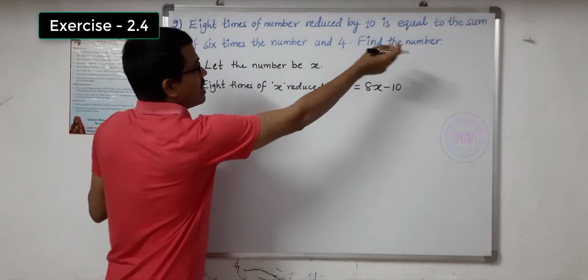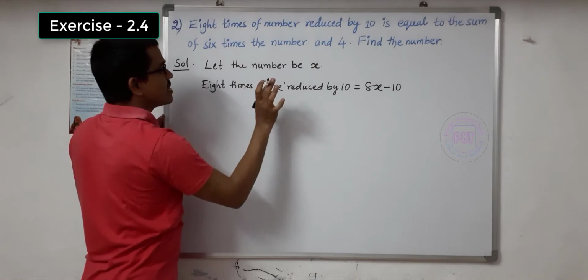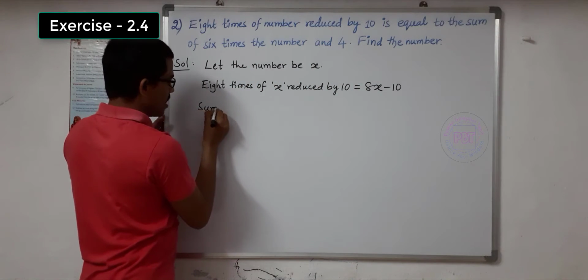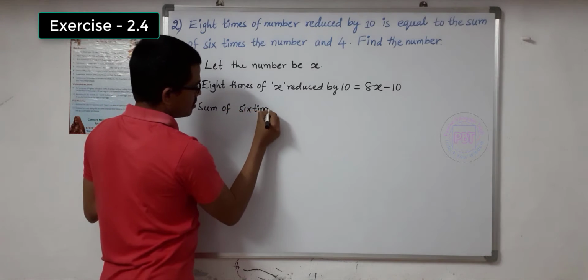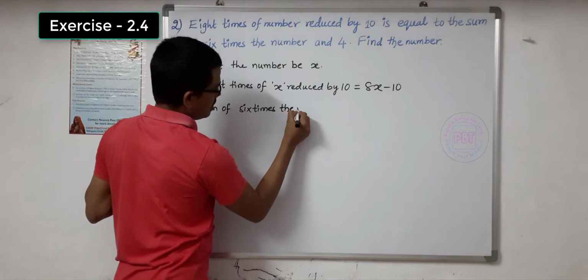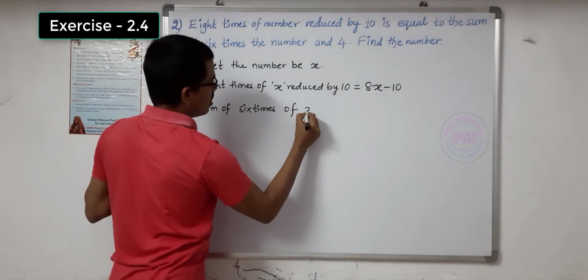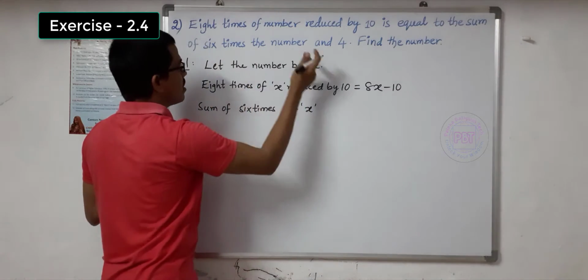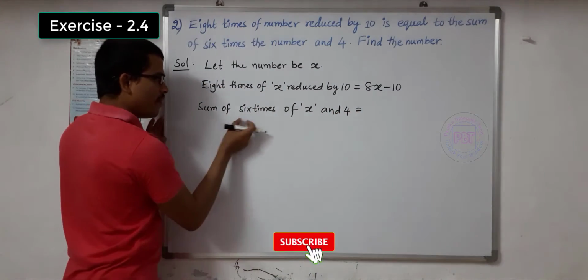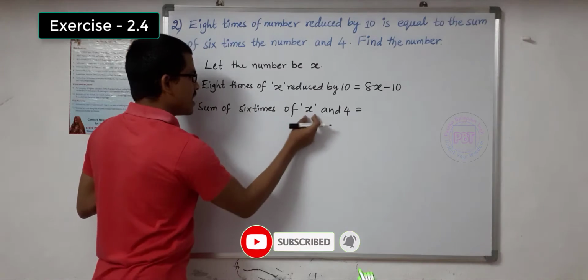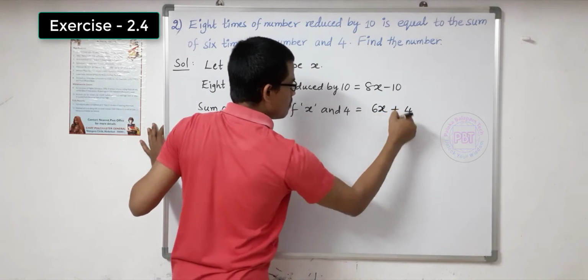Now is equal to the sum of 6 times the number and 4. 6 times the number is 6x. So sum of 6 times of x and 4. 6 times of x is 6x and 4. These two we are summing, so plus.